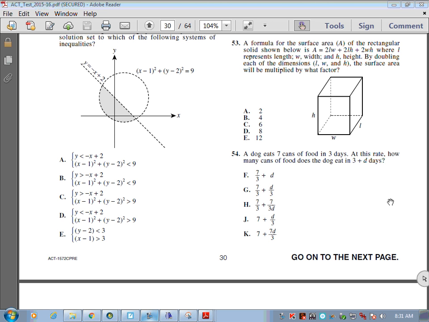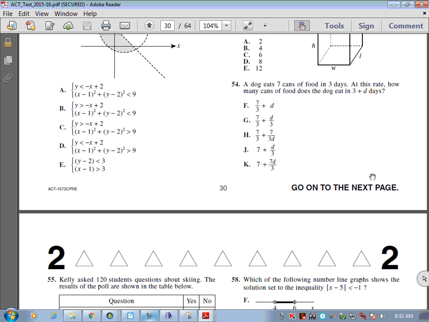So you could have made width 1, length 1, height 1, and then doubled all of those, and then seen the relationship, and you would have seen that the figure has 4 times the surface area it originally had. So you could do a test, but this was based upon something I knew would happen whenever you apply a scale factor and look at what happens to the area. Okay, 54.